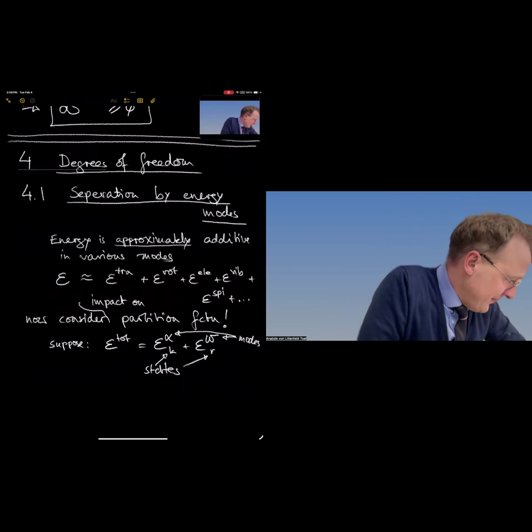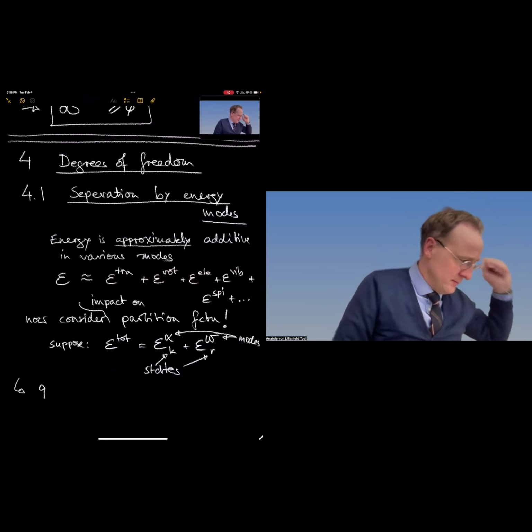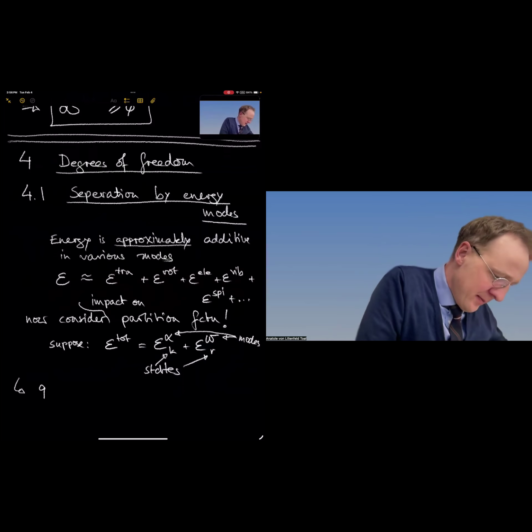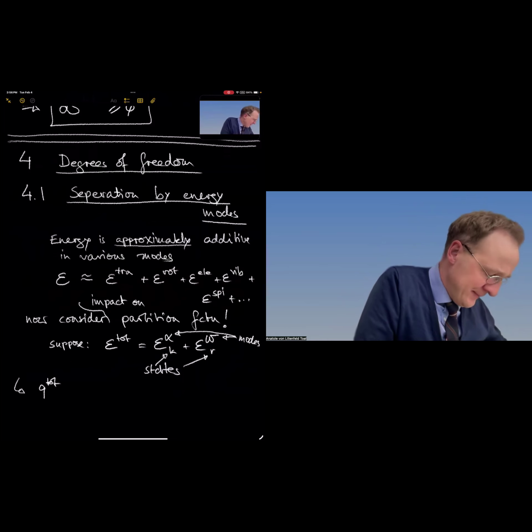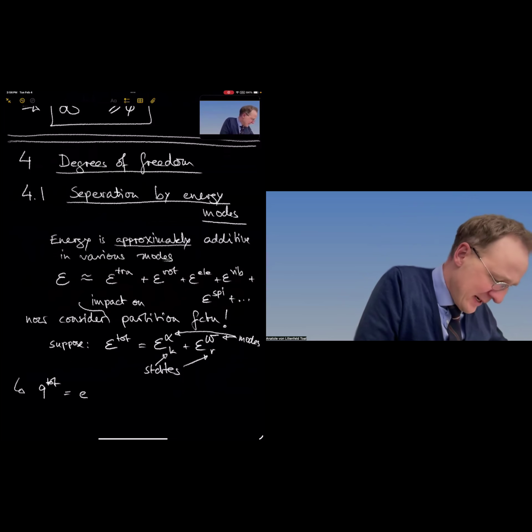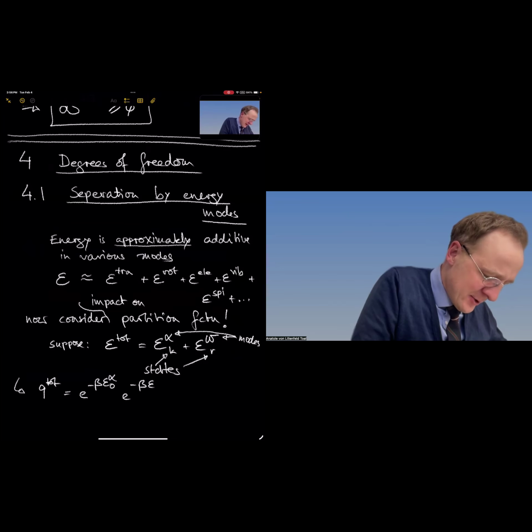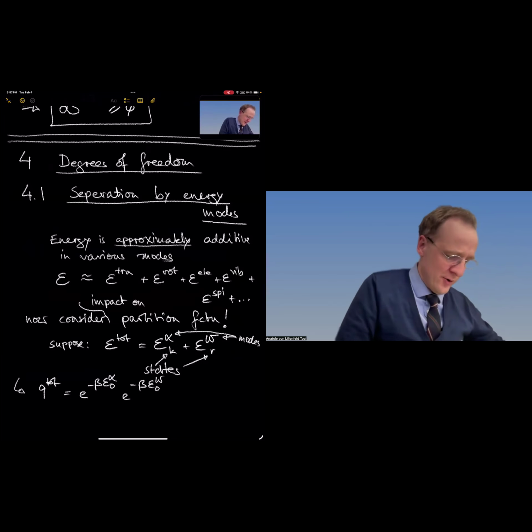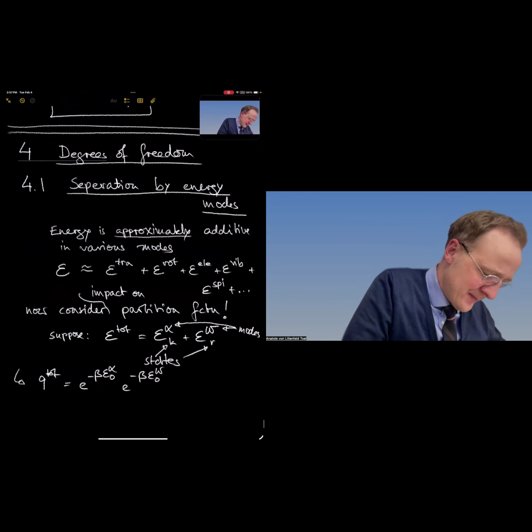Then your Q of the total thing could be written like this, where I have e to the minus beta epsilon 0 of the alpha mode times e to the minus beta epsilon 0 of the omega mode. Right? And now I need to go to the next state.